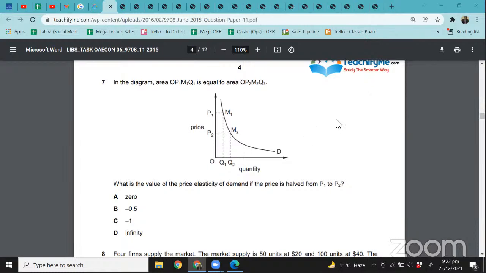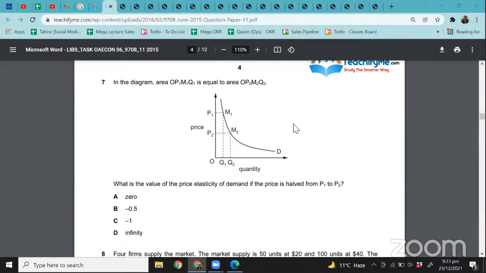Zain is saying B. Khadija and Zohan, what do you think? What is the value of price elasticity of demand if the price is halved from P1 to P2? It can't be, okay.